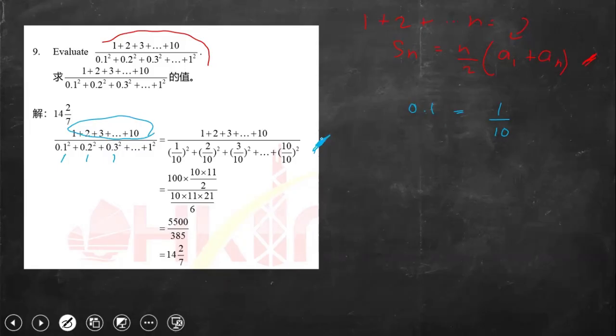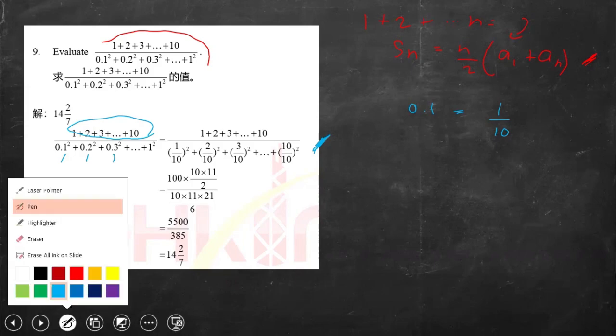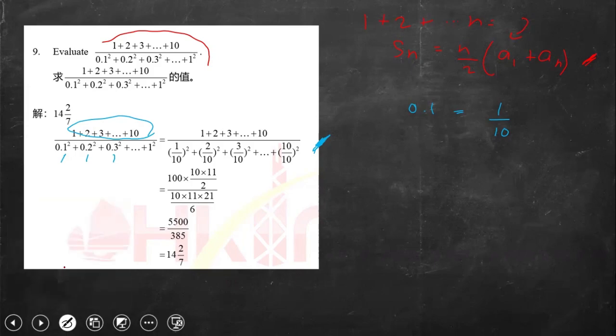And then, we factor out 10. So let me write 1 over 10 quantity squared plus 2 over 10 quantity squared plus dot dot dot plus 10 over 10 quantity squared. I'm going to factor out, wait, let me just distribute.